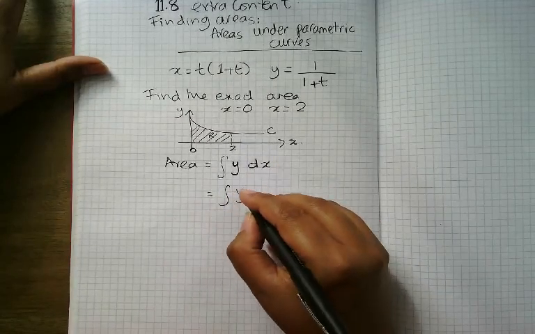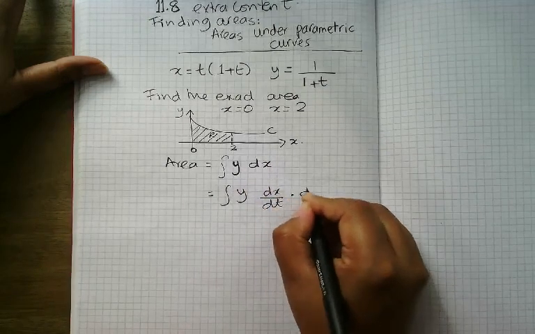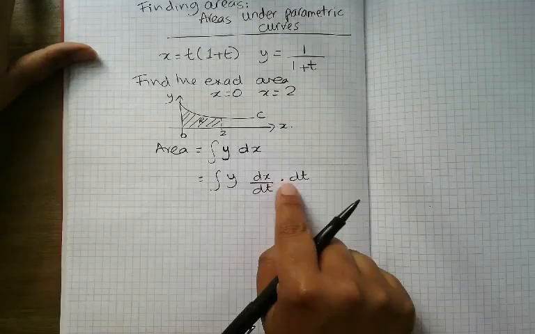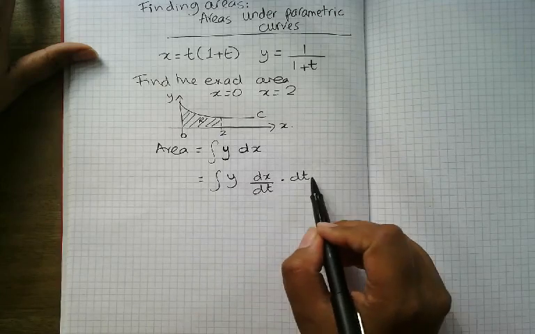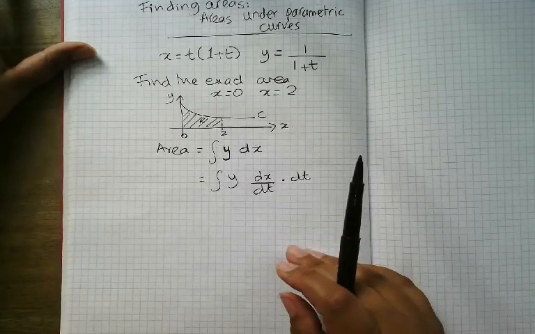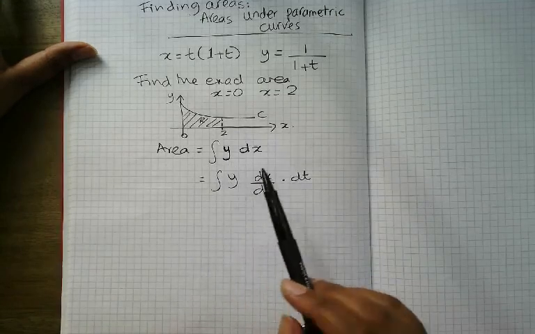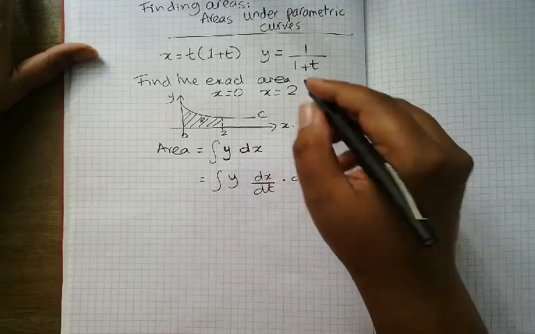I'm going to write y dx by dt, and integrate that with respect to t. Dividing by dt and multiplying by dt has actually done nothing overall. So what I've got to find is dx by dt.